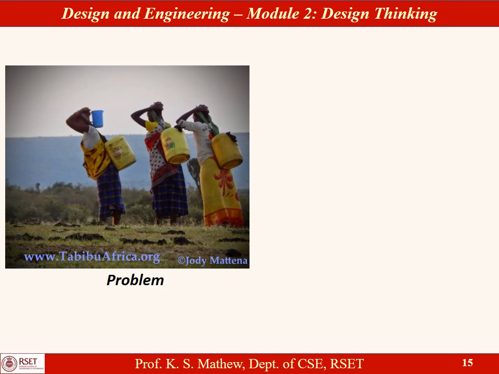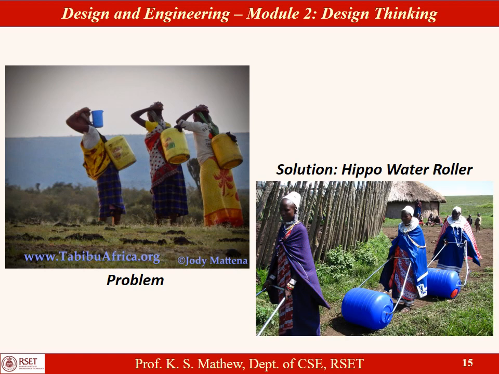But these ladies have to carry water for their household use from a distant place, and travel about 3 kilometers, 45 minutes, to reach their home every day. They have to do this every day. It was a very difficult situation for them, and somebody observed this and came up with a solution called the Hippo Water Roller.